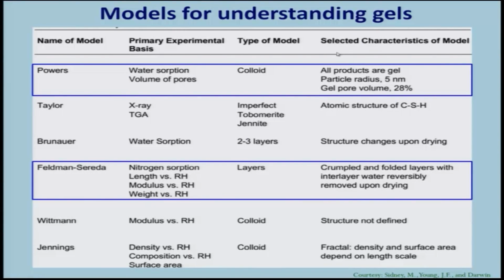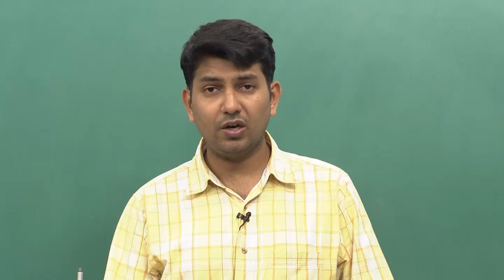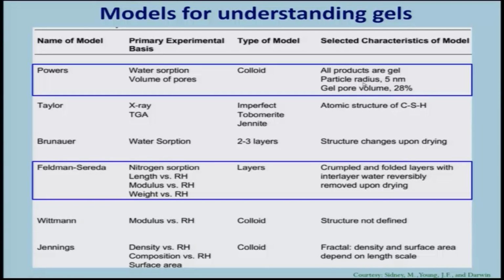The other difference is that in Power's model, the entire cement gel is considered as one unit, the average particle radius is approximately 5 nanometers, and the gel pore volume is assumed to be fixed at 28%. In the Feldman-Sereda model, the selected characteristics are crumbled and folded layers, like clay layers, with interlayer water reversibly removed upon drying.